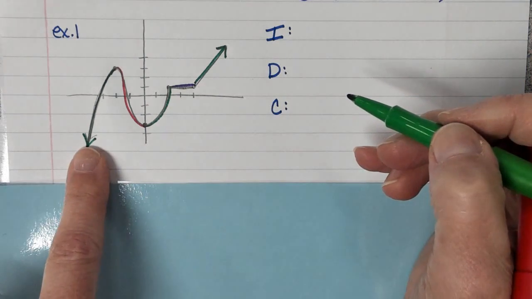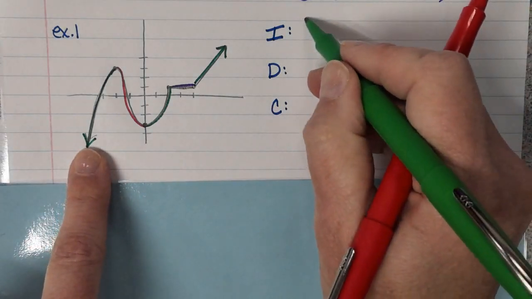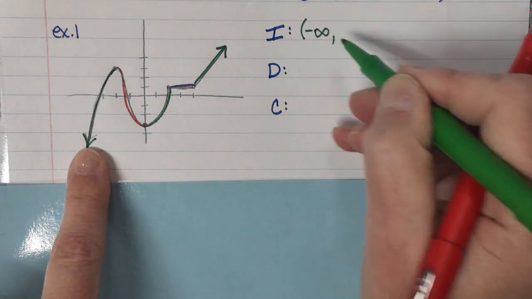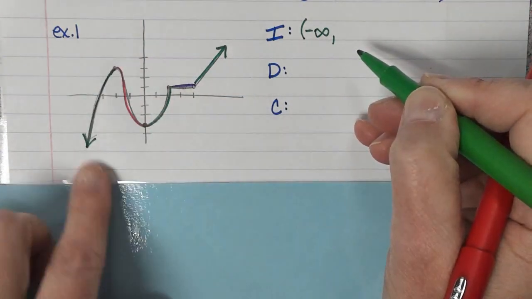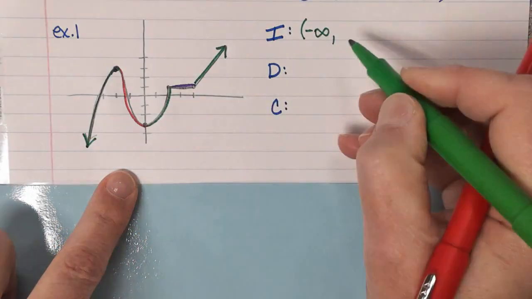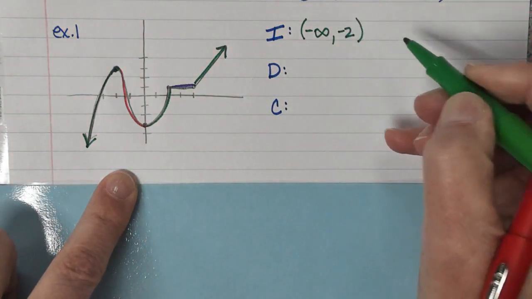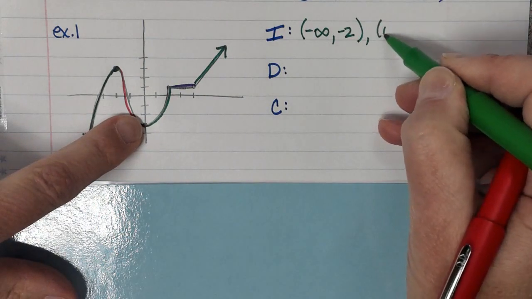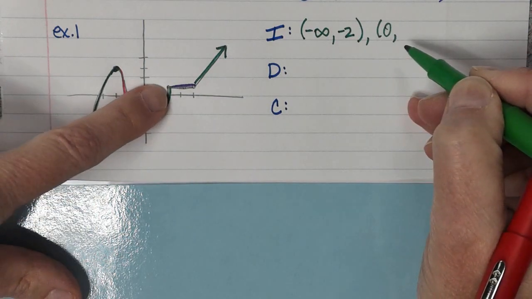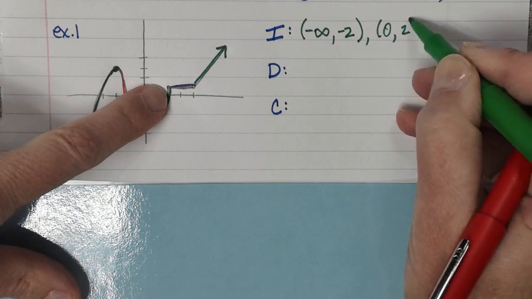Increasing. Started increasing over here. So that was from negative infinity all the way up to the x value of negative 2. It's also increasing on the interval from 0 up to x is 2.